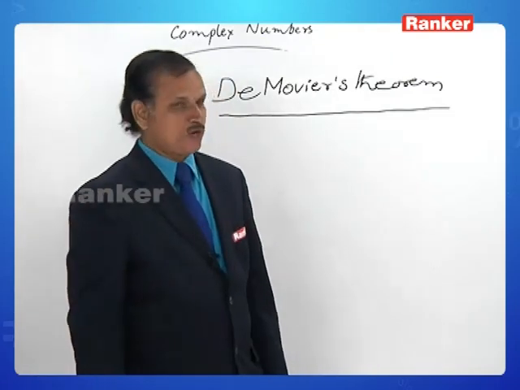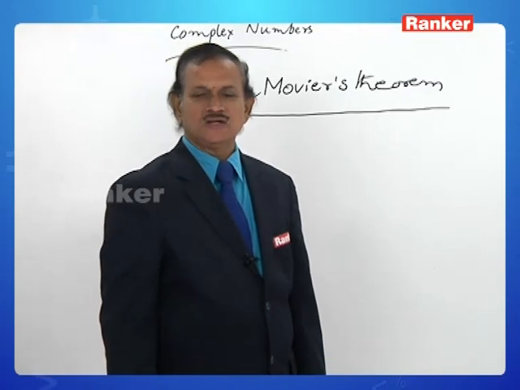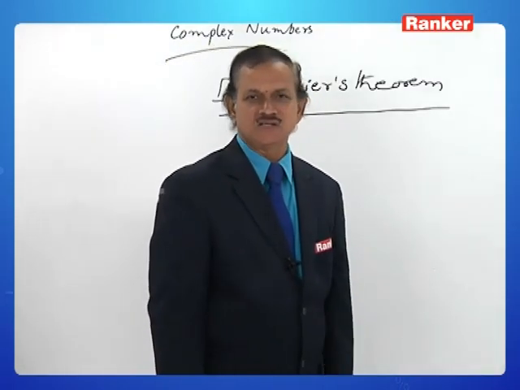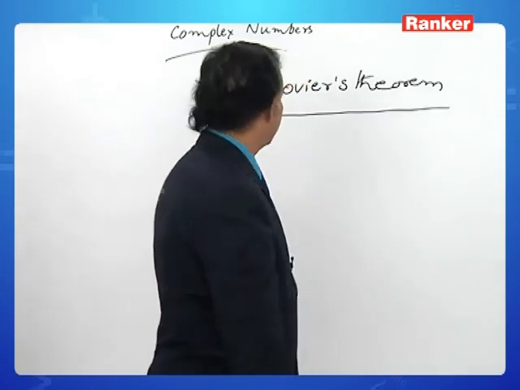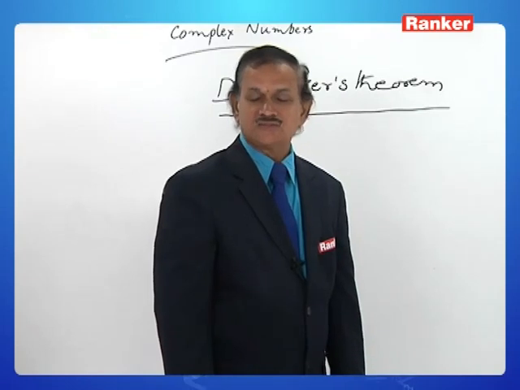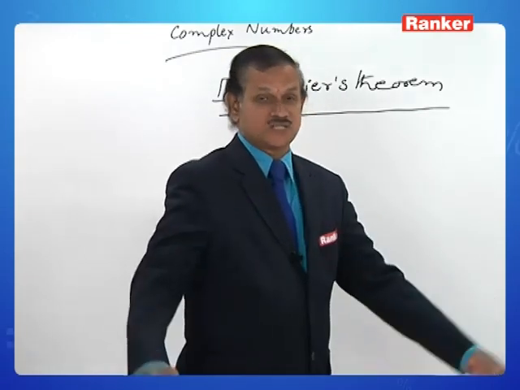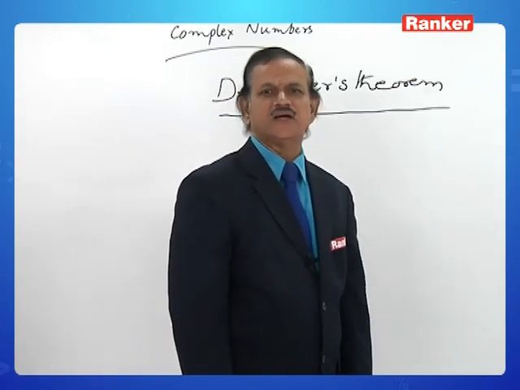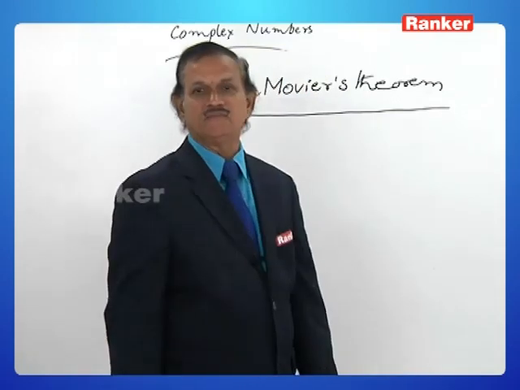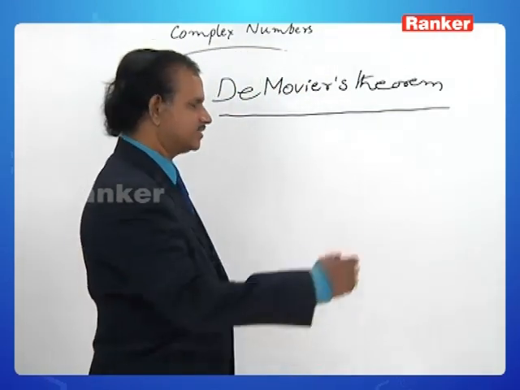One of the most important and useful concepts which helped us a lot in various calculations in complex numbers is de Moivre's theorem. A remarkable change and a remarkable utility is observed in the set of complex numbers simply by means of de Moivre's theorem. What is that? Let us now learn.